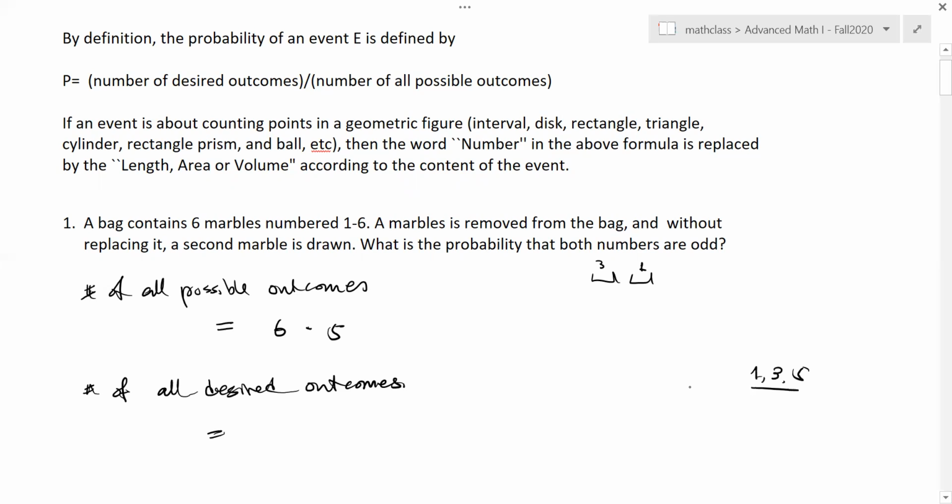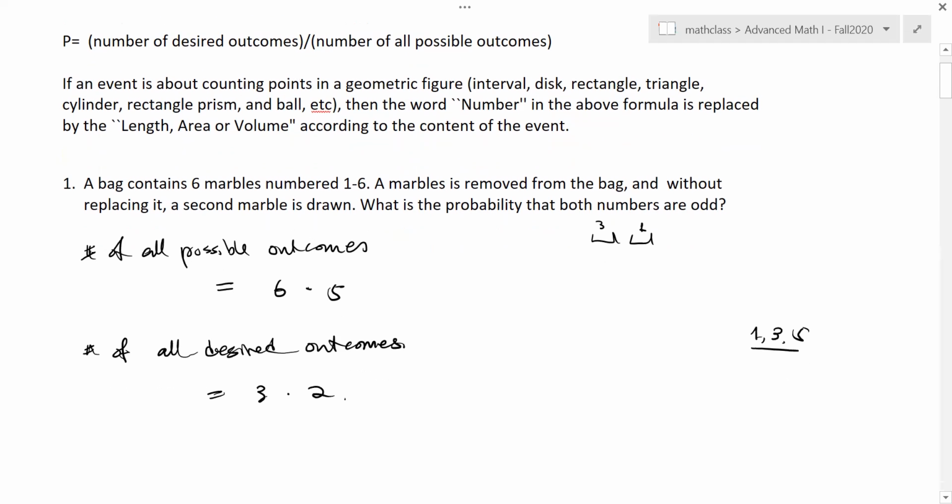The same idea, but this time you only have 3 choices in the first step. Then 2 other numbers are left, so there are only 2 choices. That is the number of all counts with the restriction.